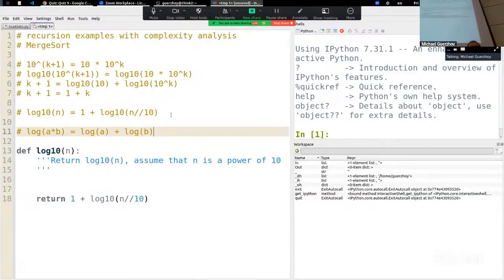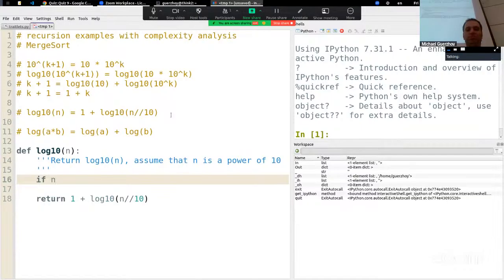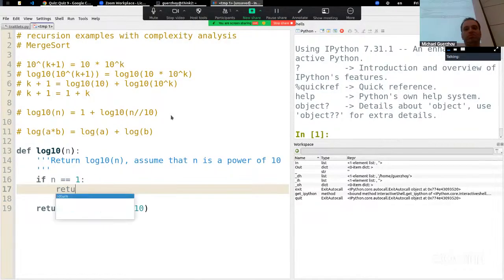Okay, so we need a base case. The base case would be: what's log 10 of 1? That's 0, since 10 to the power of 0 is 1. This returns 0, and that is that.